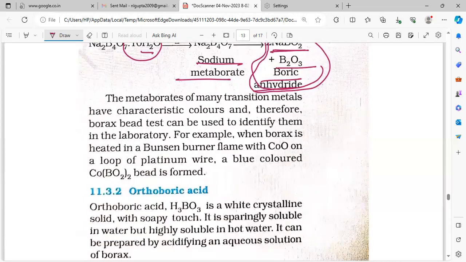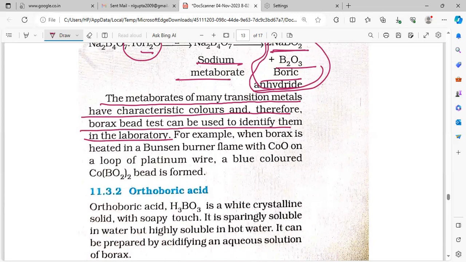Here you see the use. The metaborates of many transition metals have characteristic colors. Therefore, the borax bead test can be used to identify them in the laboratory. When borax is heated in the Bunsen flame with cobalt oxide on a loop of platinum wire, a blue colored bead is formed.